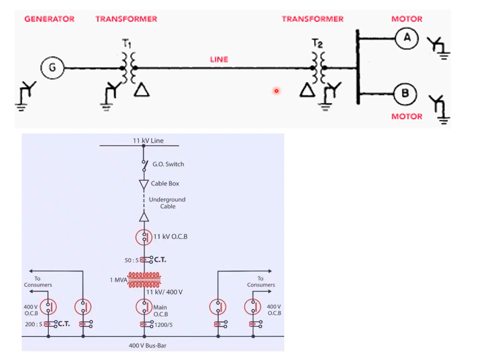Friends, two types of single line diagram are shown. In this particular one, there is a generator, transformer, the conductor line, another transformer, and final utilization of load.